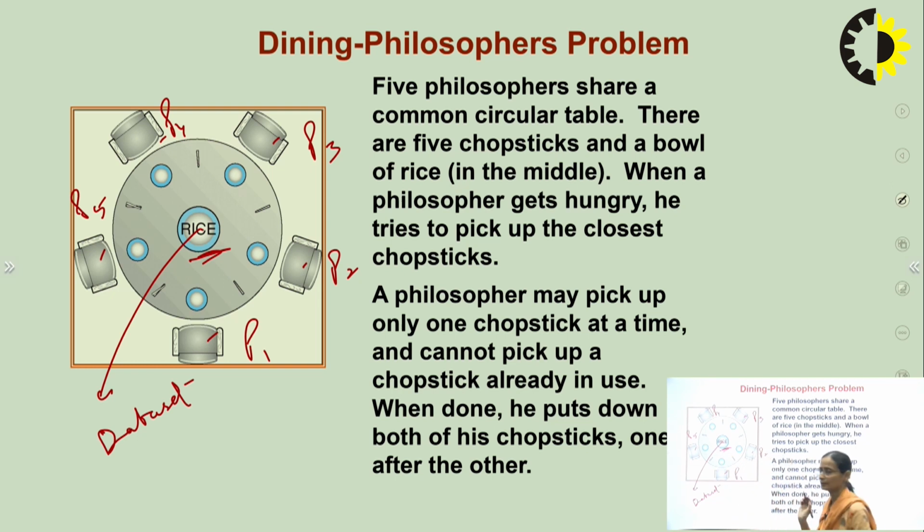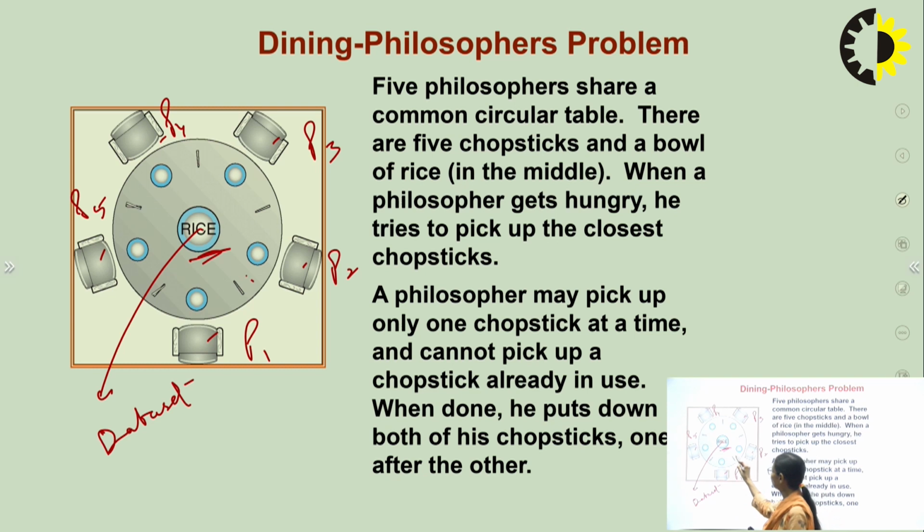among these processes. But in the case of the Dining Philosophers problem, the philosophers are allowed to do only 3 activities. That is, either they are thinking, or they are eating, or they are sitting idle. So that is how they are eating the rice.